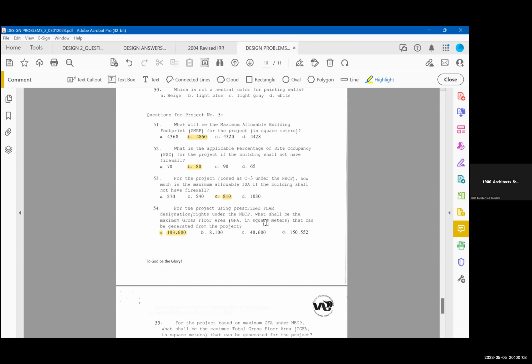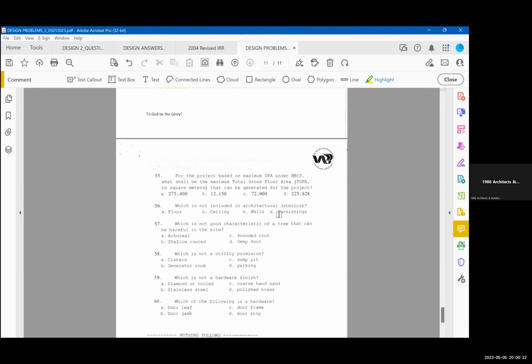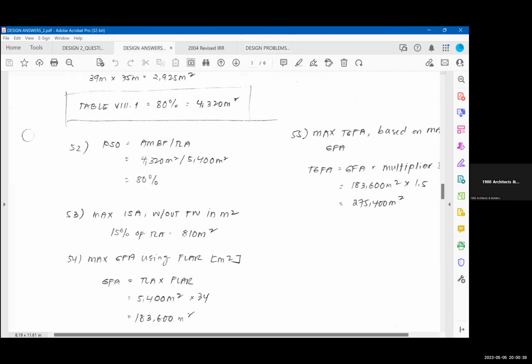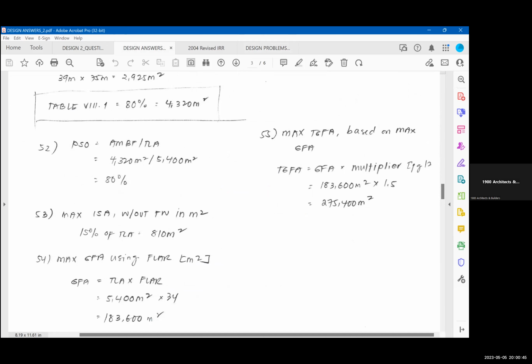Okay, so number 55. For the project based on maximum GFA under NBCP, what is the maximum TGFA? So, for TGFA, the maximum TGFA is GFA times 1.5. So, nakuha yung 1.5.